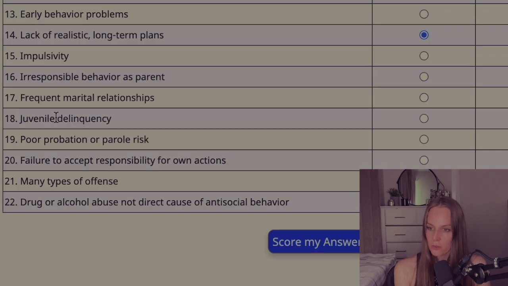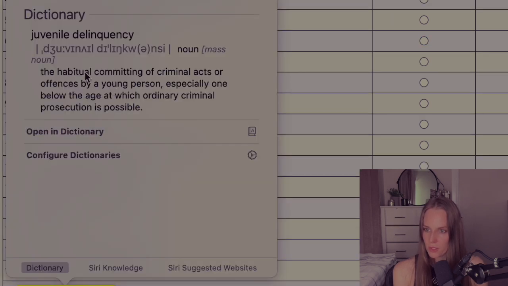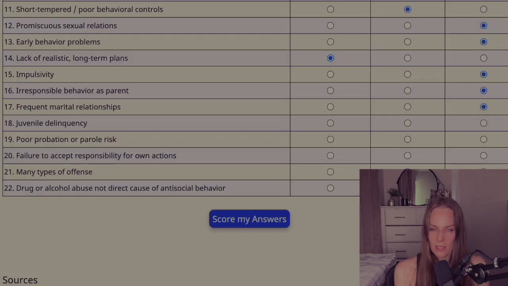Number 18, juvenile delinquency. It says early behavior problems and juvenile delinquency. The habitual committing of criminal acts or offenses by a young person. So that would seem like it's more crime related, which I can say I never got arrested for anything as a kid.